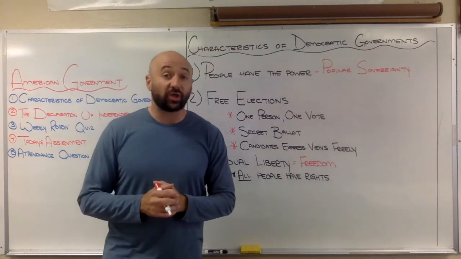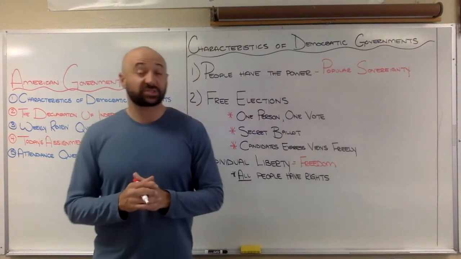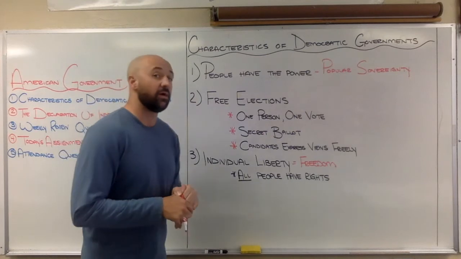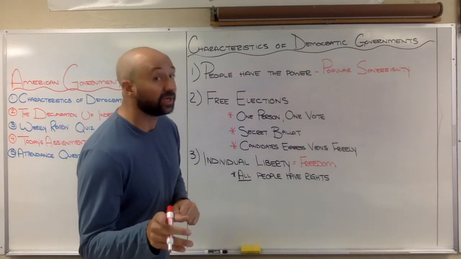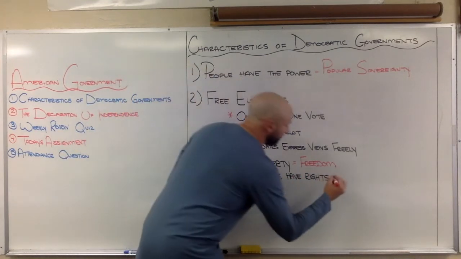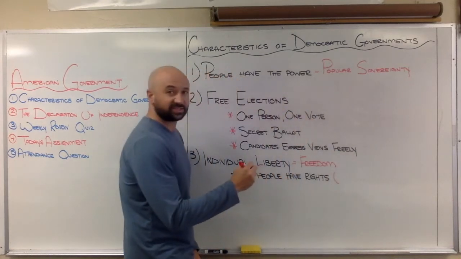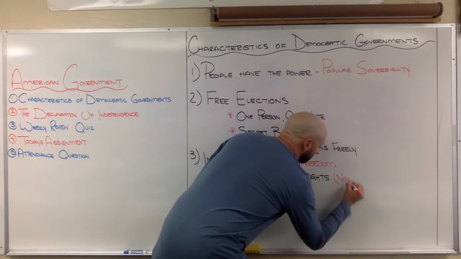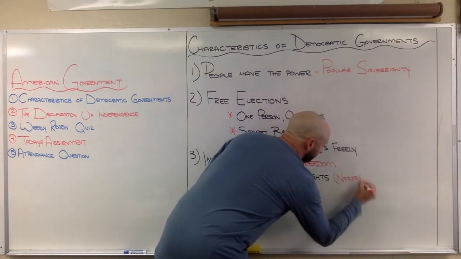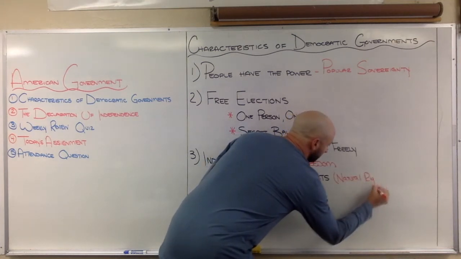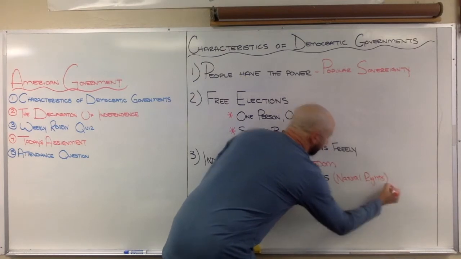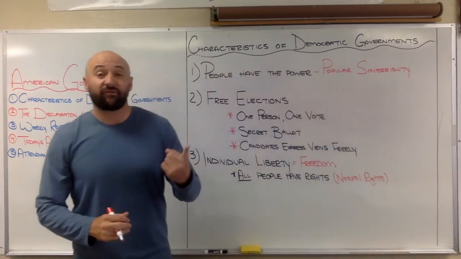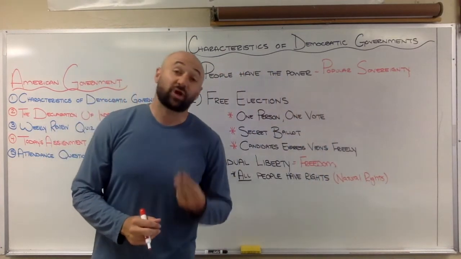If you recall, there was a guy who came up with social contract theory, John Locke, who called these, do you remember what he called these rights? They're called natural rights. And he referred to natural rights as life, liberty, and property.